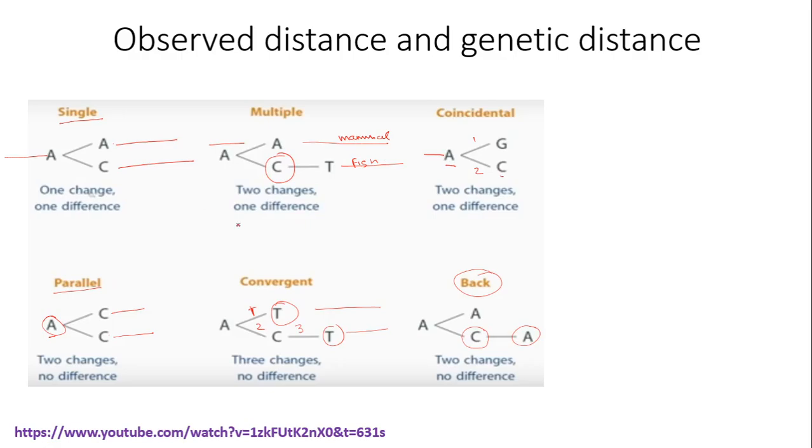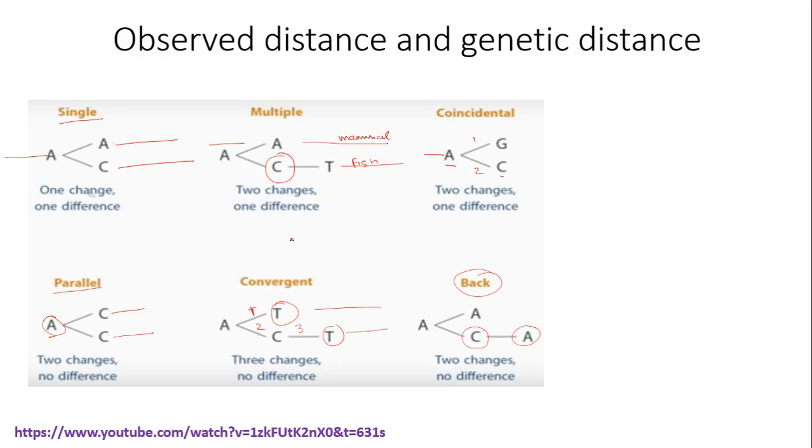Well, these things usually happen in evolution, right? My point is that the changes we see now might be smaller than the amount of changes that might have actually happened during the course of evolution. And this is what nucleotide substitution models are for.